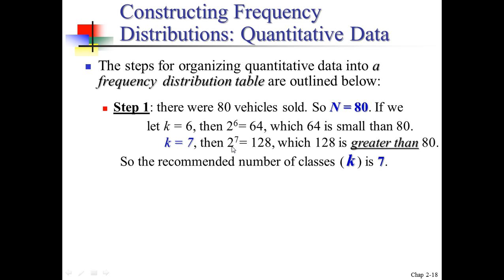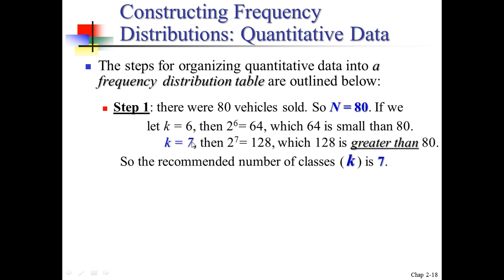2 exponent 8 must be 256. 256 is greater than 80, yes, that's correct based on our formula, but this number is too much greater. I just need a little bit greater.